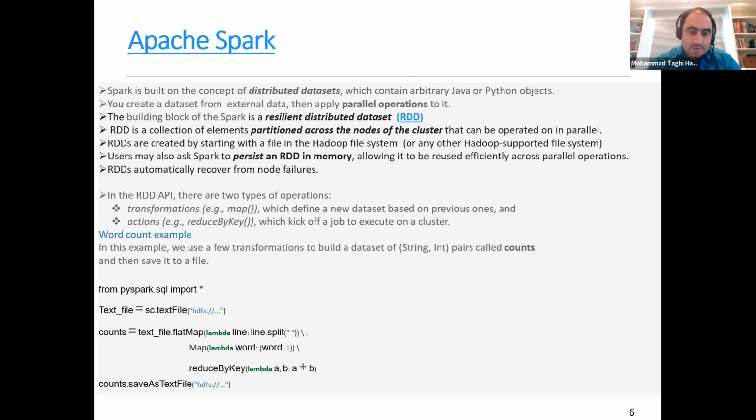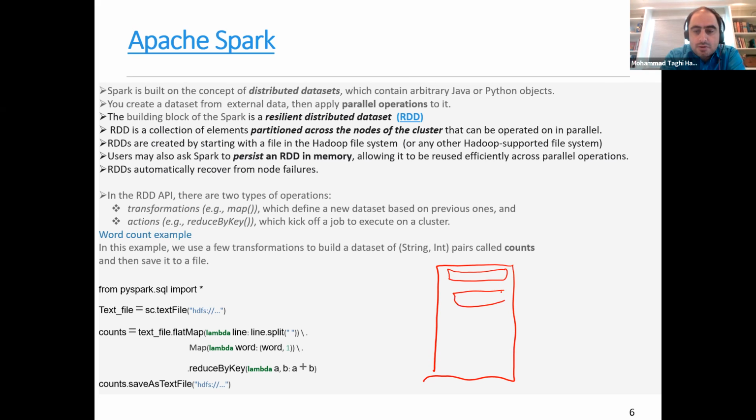So let's see one simple example here that we can actually run, to write the program through Apache Spark. This is a very typical example of the use of MapReduce or Apache Spark. You are given some kind of big text. It contains lines, and on each line you have lots of words.